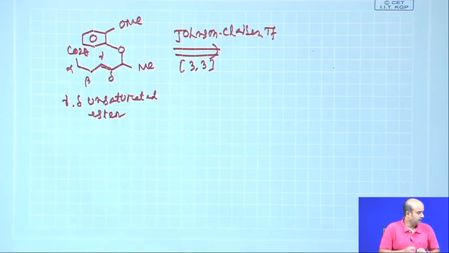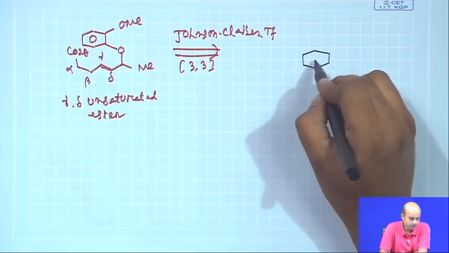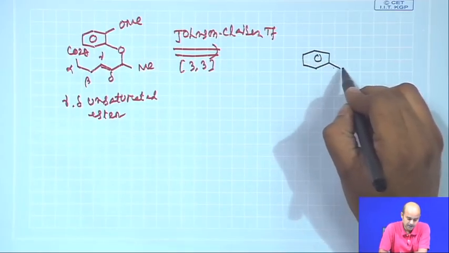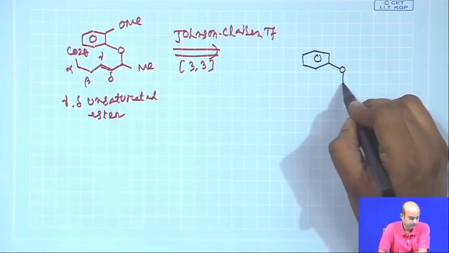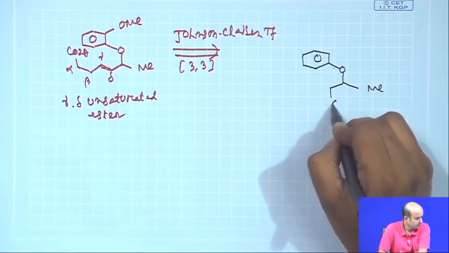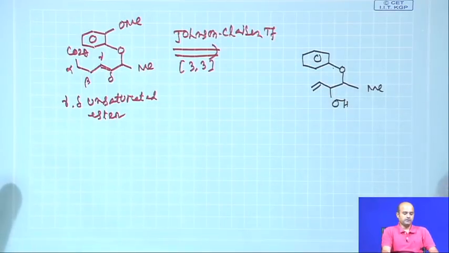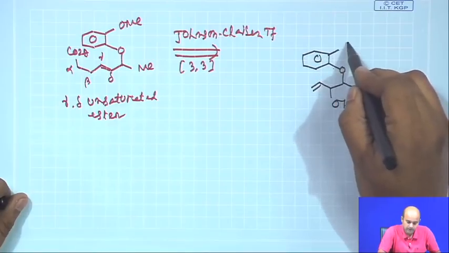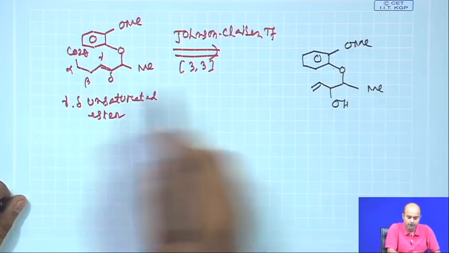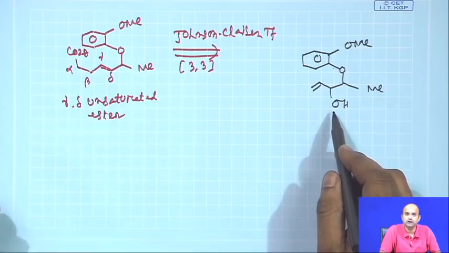Now, which particular allylic alcohol will undergo Johnson-Claisen rearrangement to give you this product? We will now try to formulate it. We know a suitably substituted allylic alcohol will give this product. This you already know, fine. So, now we are simplifying the target molecule and coming very close to the starting material which has been provided to you.